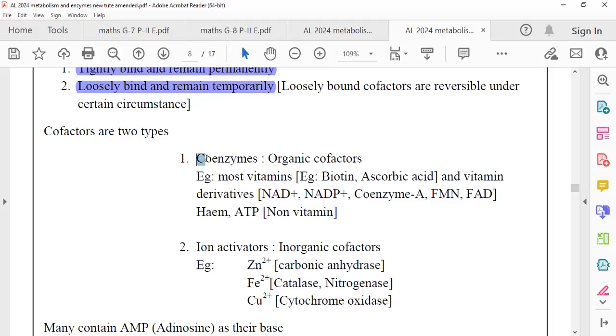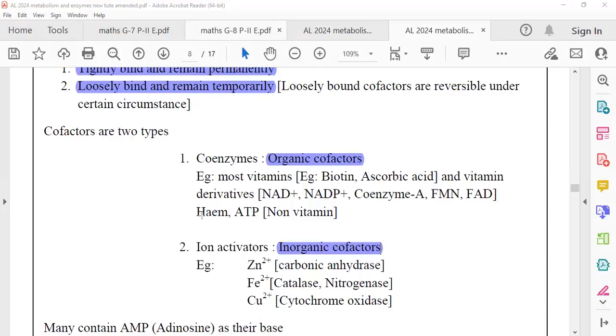Among these, there are two types of cofactors: organic cofactors and inorganic cofactors. Organic cofactors have a name called coenzymes. Inorganic cofactors have a name called ion activators.